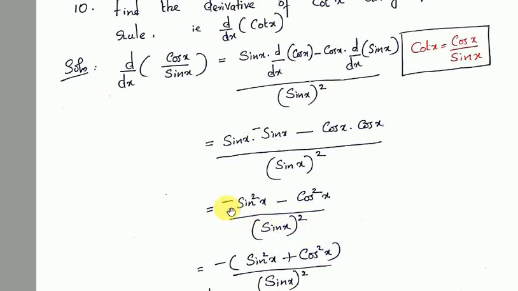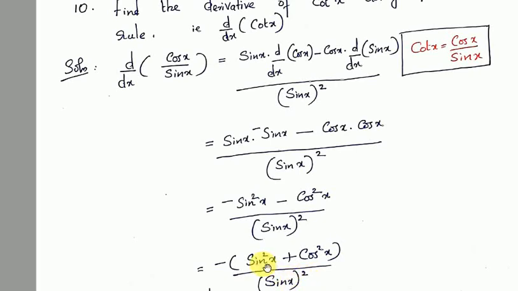Here it is a negative sign, here also a negative sign, both terms have the same sign. We can take that negative sign outside. So if you take the minus sign outside, it becomes sin square, here also we have taken the minus sign outside commonly, plus cos square x. So minus of sin square x plus cos square x whole divided by sin x the whole square.